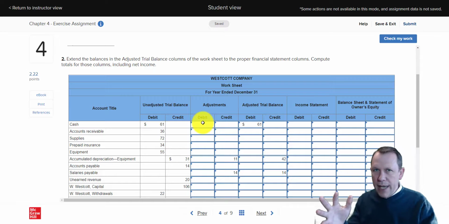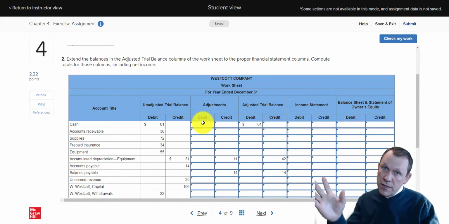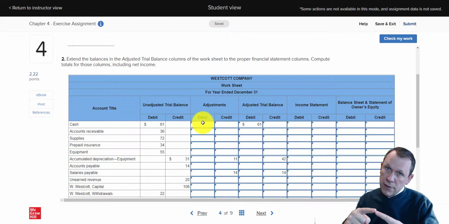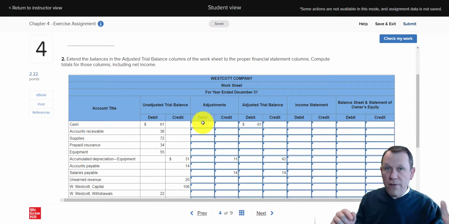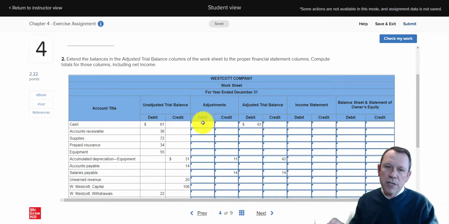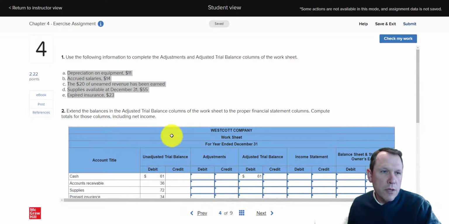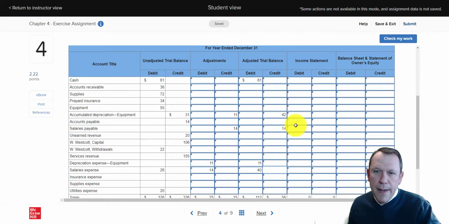If we have a debit and a debit adjustment, those will add together. If we have a debit balance and a credit adjustment, those will offset, right? Same thing if we have a credit unadjusted balance and a debit adjustment, those are going to offset, right? So if they're opposites, they're going to offset. So just so you know, that could happen as well.